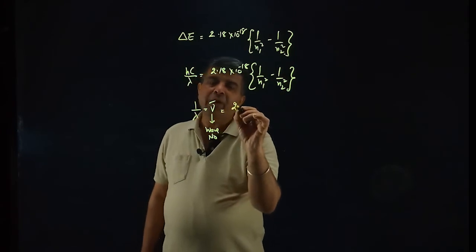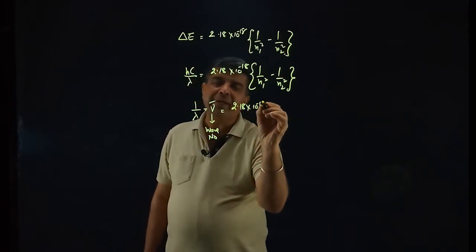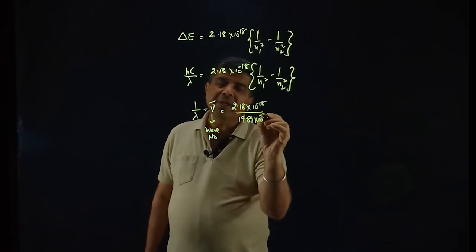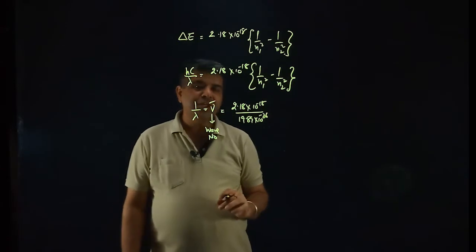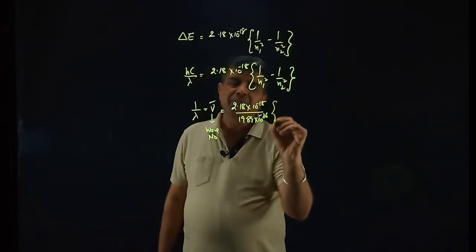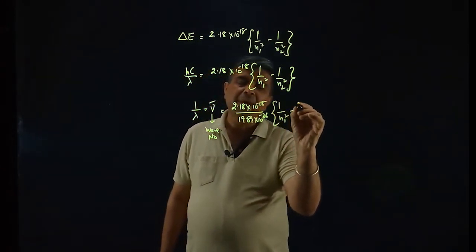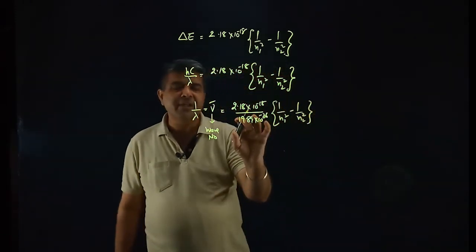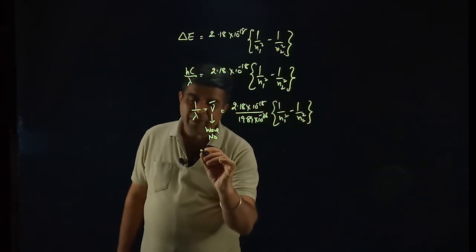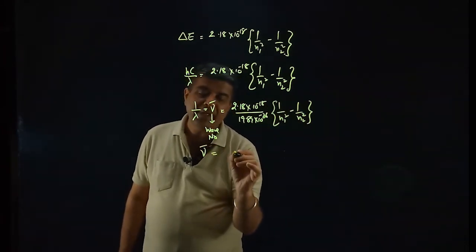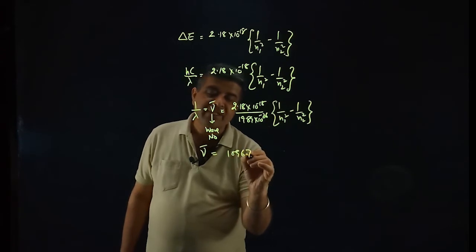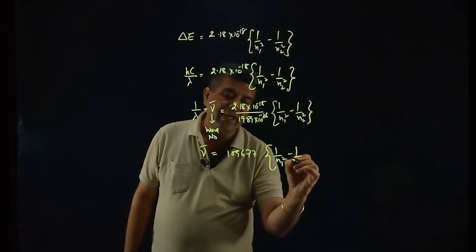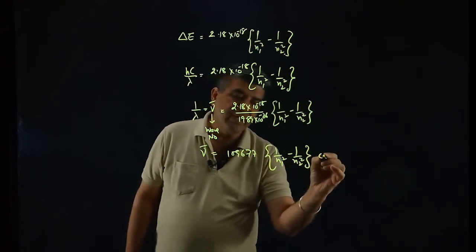The wave number would be 2.18 into 10 raised to power minus 18 over 19.89 into 10 raised to power minus 26, which is the value of h into c, times 1 over n1 square minus 1 over n2 square. Now if I change the values to centimeters and solve it, nu bar would be 109677 times 1 over n1 square minus 1 over n2 square in centimeter inverse.